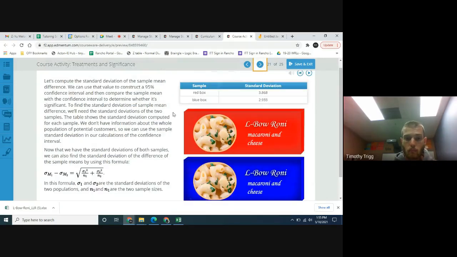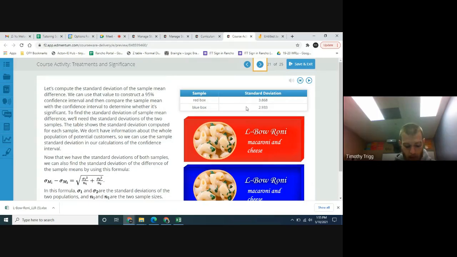So now there's also a piece of information we want right over here, and it says the standard deviations. For the red box, it was 3.868. So that's sigma sub 1. And sigma sub 2 is 2.933.